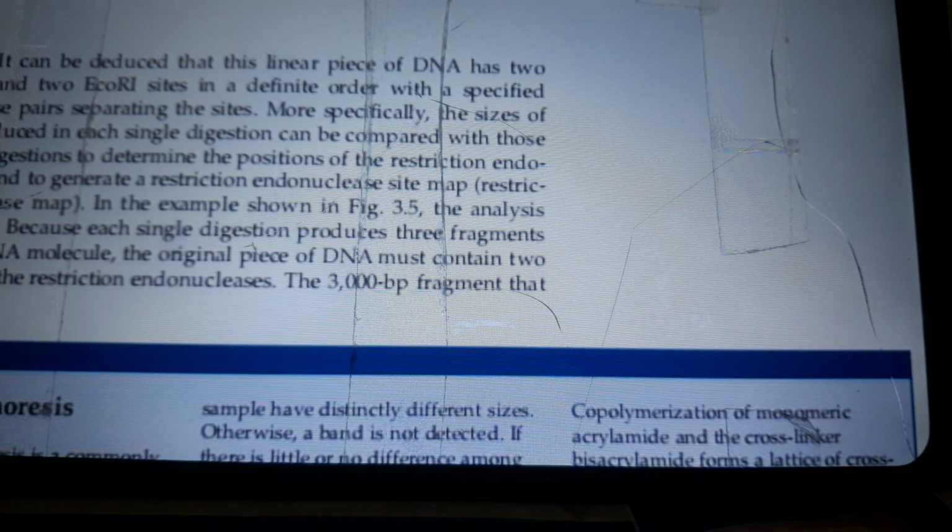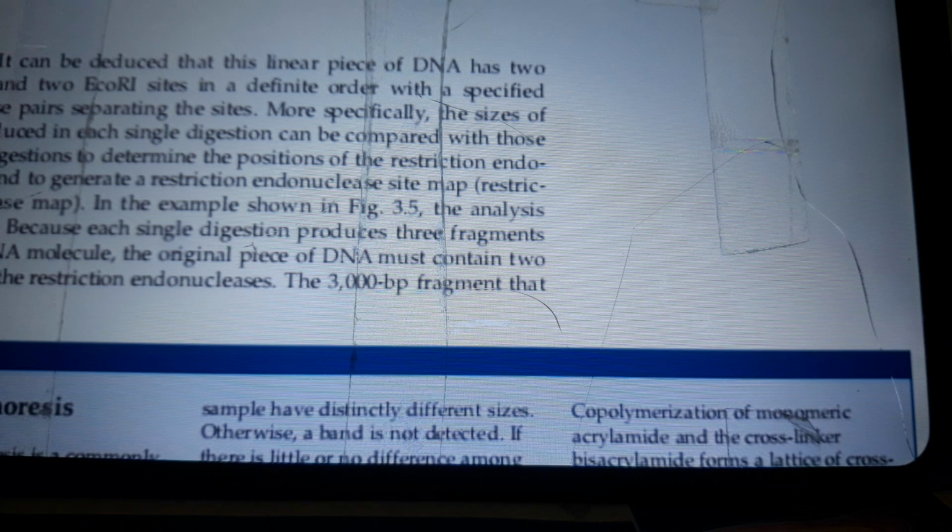In figure 3.5a, it can be deduced that the linear piece of DNA has 2 BamHI sites and 2 EcoRI sites in a different order, with a specified number of base pairs separating the sites. More specifically, the sizes of fragments produced in each single digestion can be compared with those from double digestion to determine the position of the restriction endonuclease sites and to generate a restriction endonuclease map.